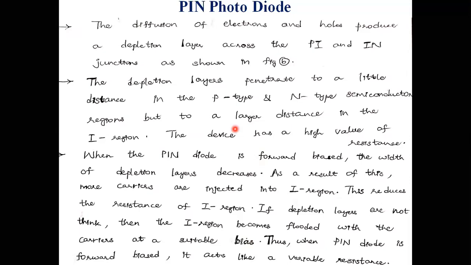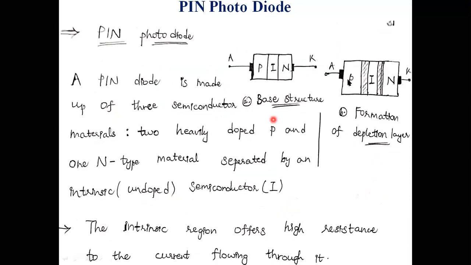Due to those thick and thin regions, the carrier diffusion is heavy, and more carriers are injected into the I region. This reduces the resistance of the I region.